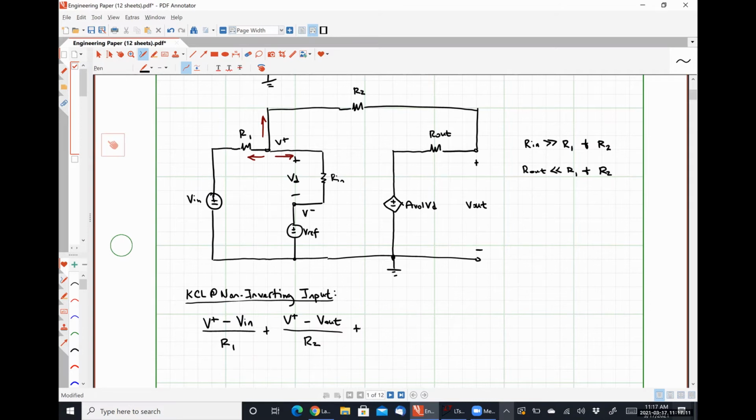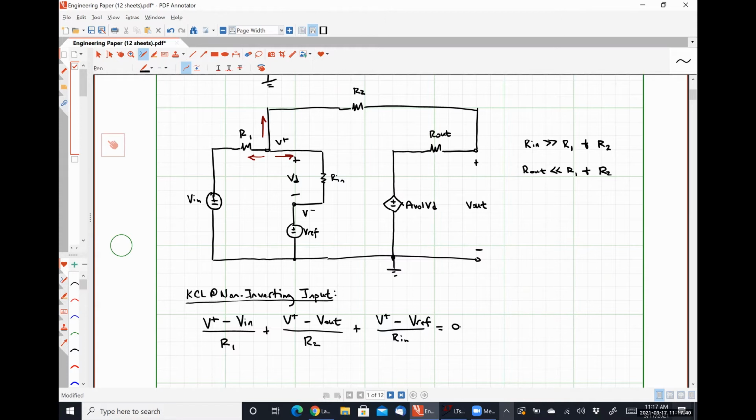And lastly, I will have V plus minus Vref, which is the voltage present at my inverting input terminal, divided by Rin is equal to 0. Right, just good old Kirchhoff's current law applied at that non-inverting input terminal.